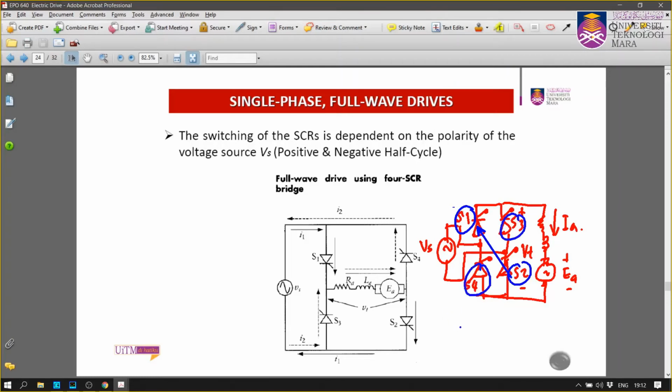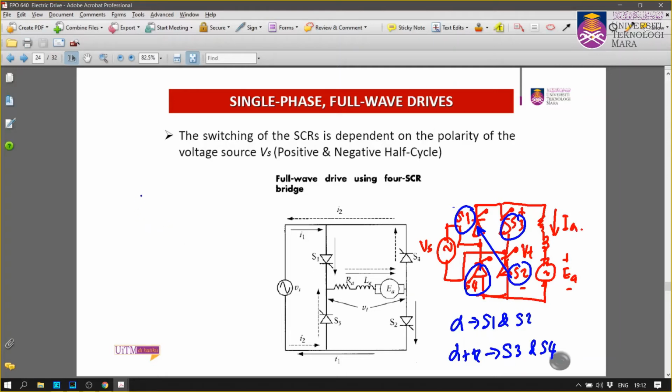So alpha should be applied to S1 and S2, and we also have alpha plus pi for S3 and S4. Okay, so alpha for S1, S2, and for S3 and S4 you have alpha plus pi.